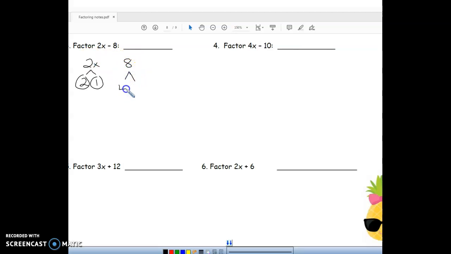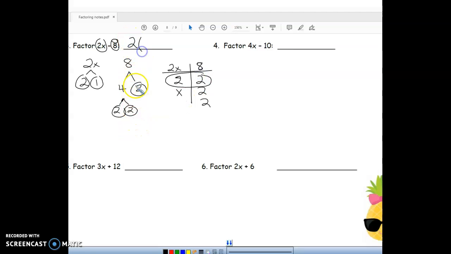So 8 would be 4 and 2, 2 and 2. So we're going to make our T-chart, again using these original numbers. 2x and an 8. So I have a 2 and that x, and I have a 2, and a 2. So my GCF is just one group of 2, so 2.